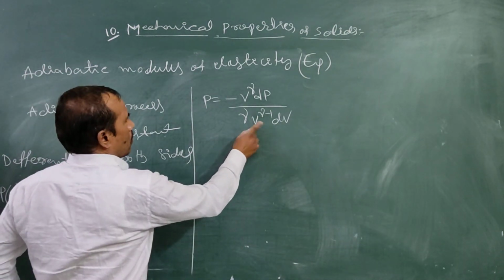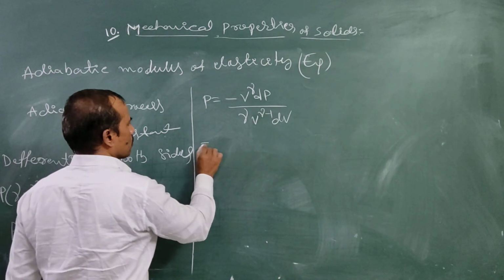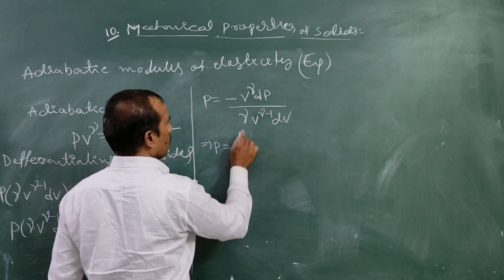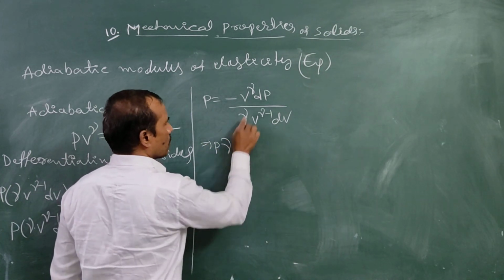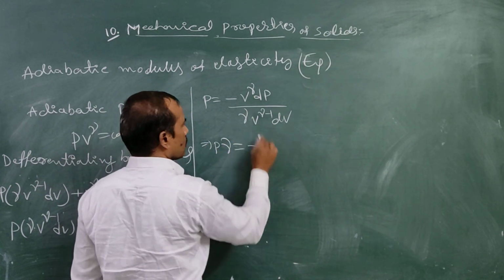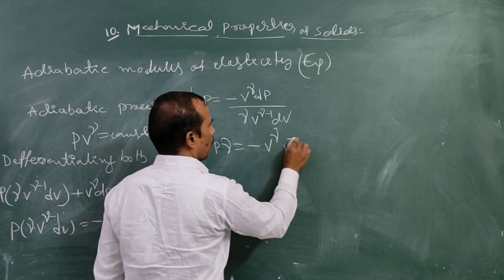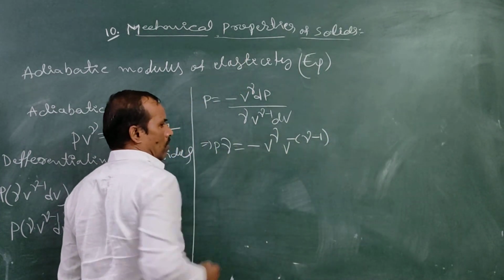So taking the denominator terms upward, this simplifies: gamma P is equal to minus V power of gamma and V power of minus gamma minus 1, taken as numerator.